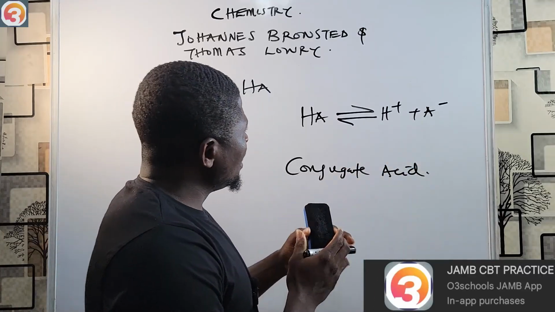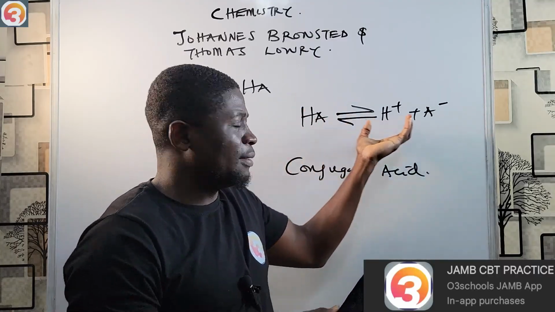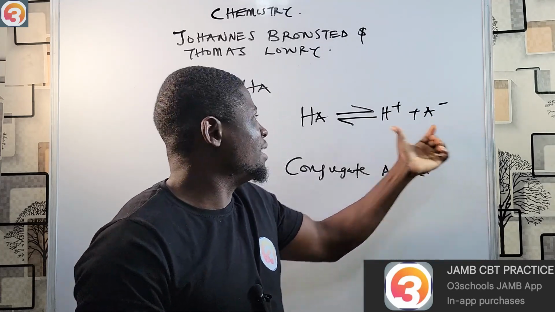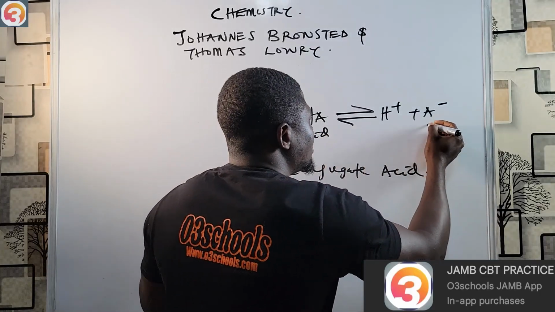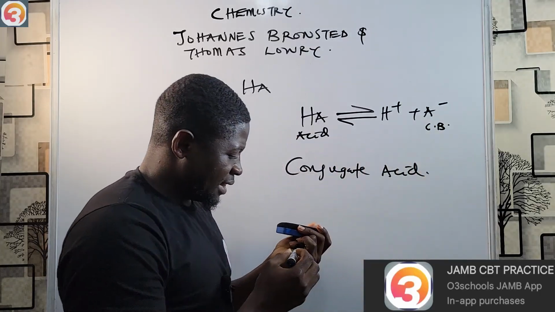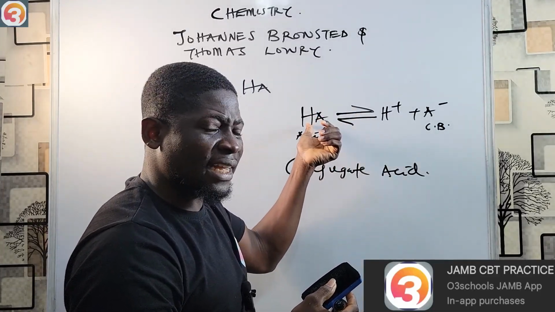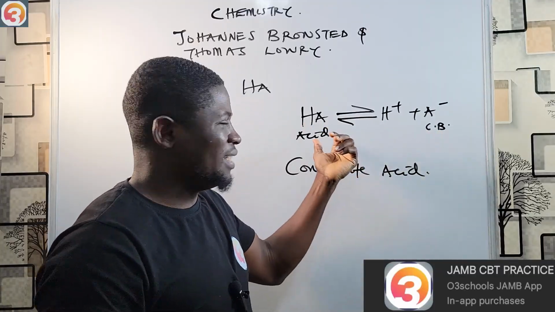So in this case, you can see the acid is donating a proton, and this anion that is formed is usually called the conjugate base of this acid. We say this anion that is left when the acid donates the proton is a base, and it's called the conjugate base of the acid.